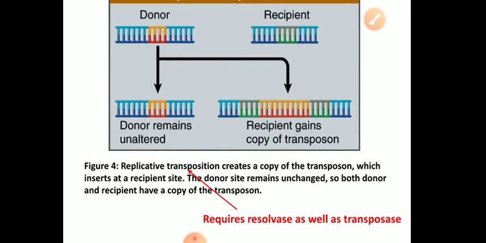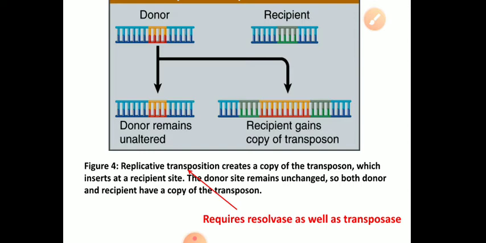This kind of mechanism involves the resolvase enzyme as well as the transposase enzyme. Transposase behaves like a restriction enzyme and cuts the target site in the recipient. The resolvase enzyme helps in transfer of DNA from the original site to the new site when the donor DNA or transposon is duplicated.